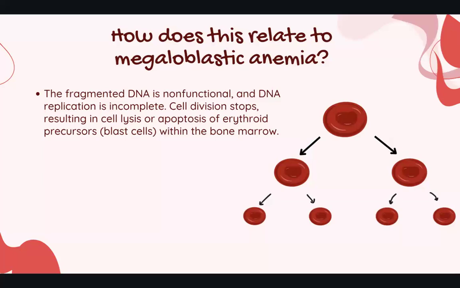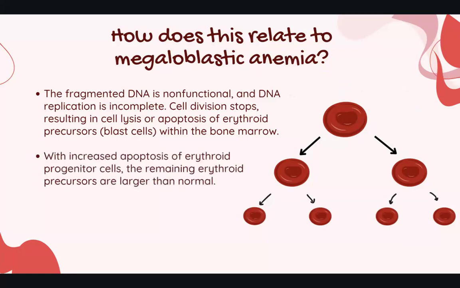And because they cannot divide, the stalled replication process in erythrocyte progenitors leads to the formation of large immature red blood cells, which are known as megaloblasts. And these megaloblasts will accumulate inside the body, and they will not be able to divide. So you will have an accumulation of these megaloblastic cells that cannot divide, and this is what results in megaloblastic anemia.